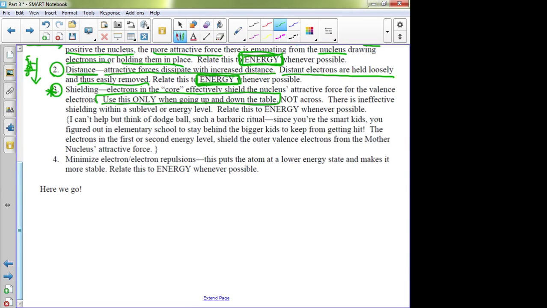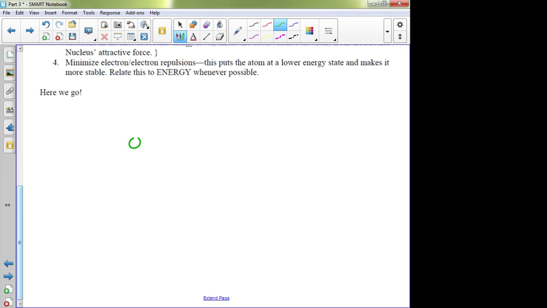What are we talking about when we talk about shielding? I've got the positive nucleus, right? And then I've got energy level 1, and these electrons are going to be close to the nucleus, right? Then I've got energy level 2. How many electrons can I fit in energy level 2? 8.